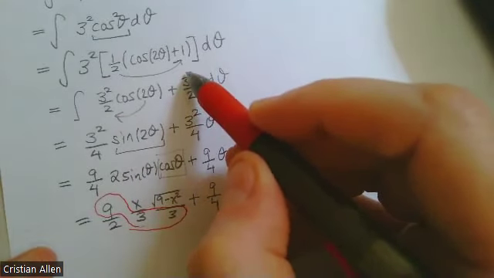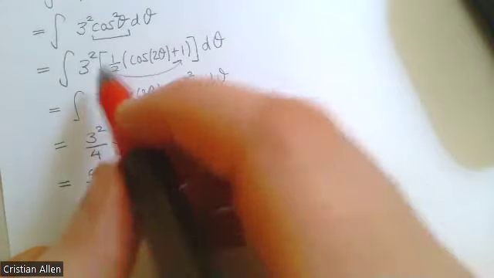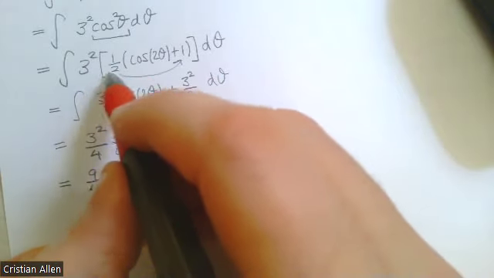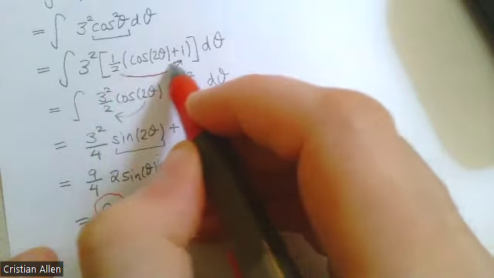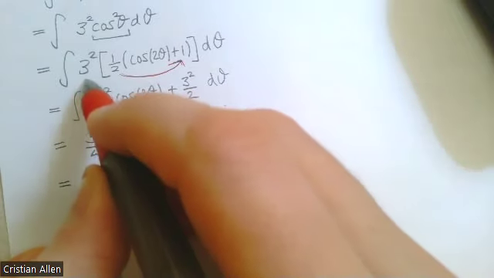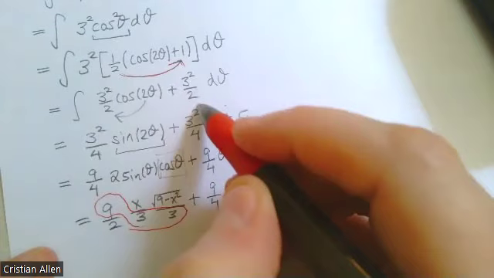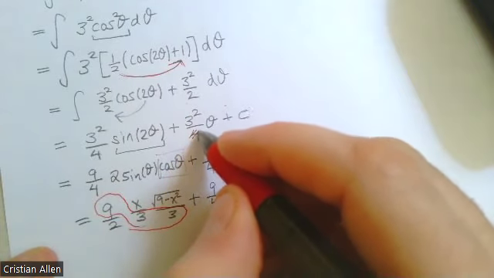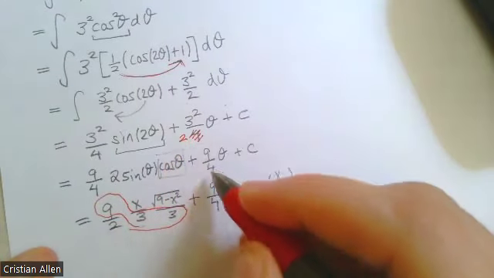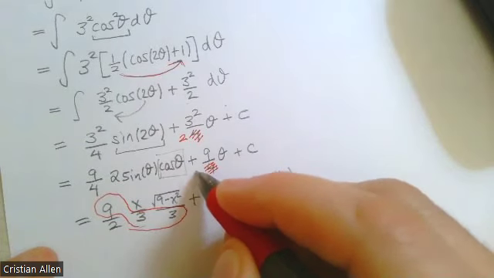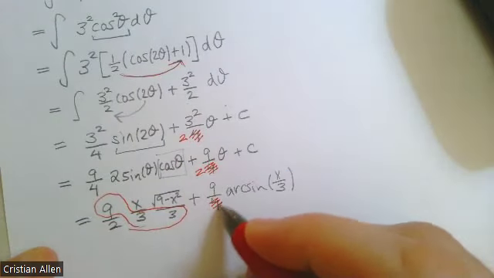So 3 squared, let's trace this back. This 3 squared, so 1/2 times 1 is 1/2. 3 squared, 1/2. I don't know where this 4 came from. I was being too quick. This is 2, right?